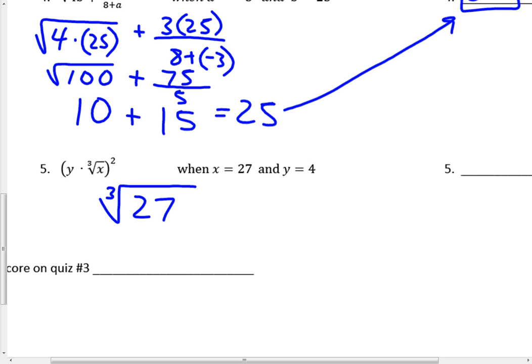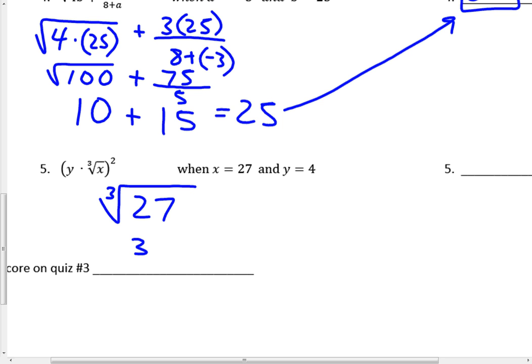You should see what Josh just said. Press 4 and that will come up. And then you can type in 27. What do you get for the cube root of 27? 3. You should get 3 out of all that.